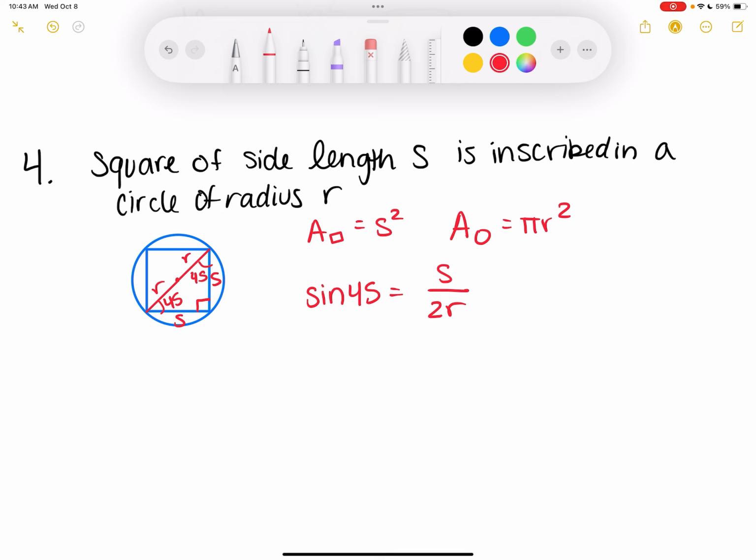And then to solve for s, I can say, well, 2r times the sine of 45 is equal to s. So now I'll be able to plug this in here when I actually go to solve it in part A.